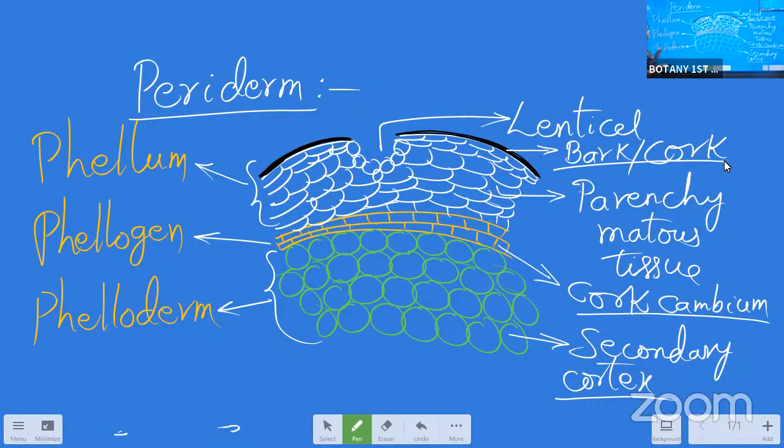Okay, phellum. Phellum means the cork, the parenchymatous cells that are present away outside the cork cambial cells. Above the cambial cells, the cells which are present are called the phellum. And this phellum is usually considered the cork, otherwise the bark tissue, which is a dead tissue.